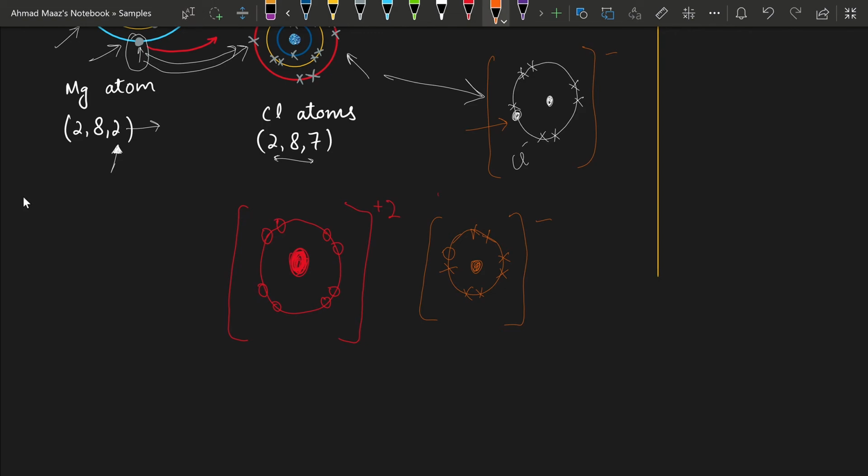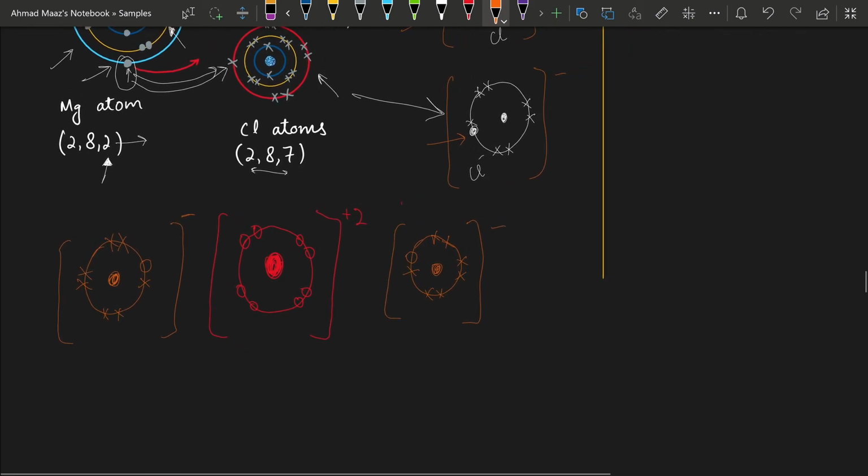The other chloride ion also has one electron from magnesium and its 7 original electrons in its valence shell, with a charge of -1. Now this is a magnesium ion, this is a chloride ion, and this is a chloride ion.